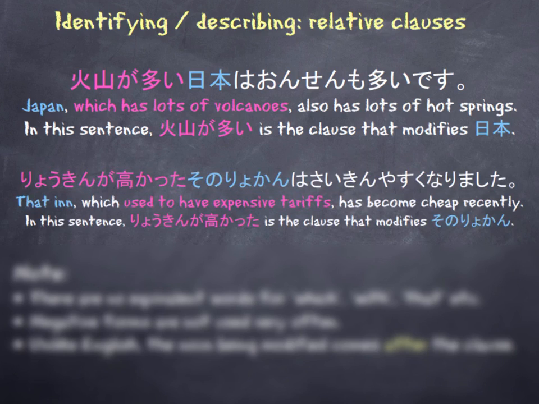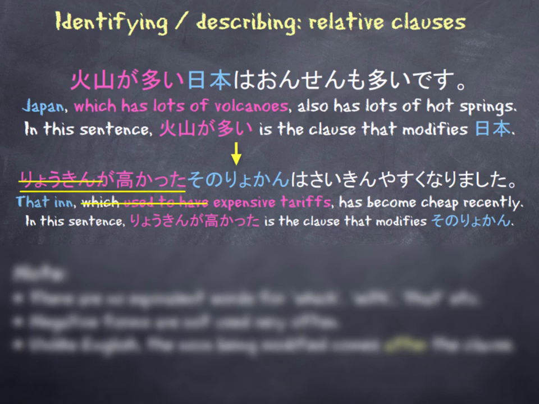In our next example, that inn, which used to have expensive tariffs, has become cheap recently. 料金が高かったその旅館は最近安くなりました。So in this sentence, 料金が高かった is the clause that modifies or describes or identifies further the noun, which is その旅館, that ryokan or that inn.